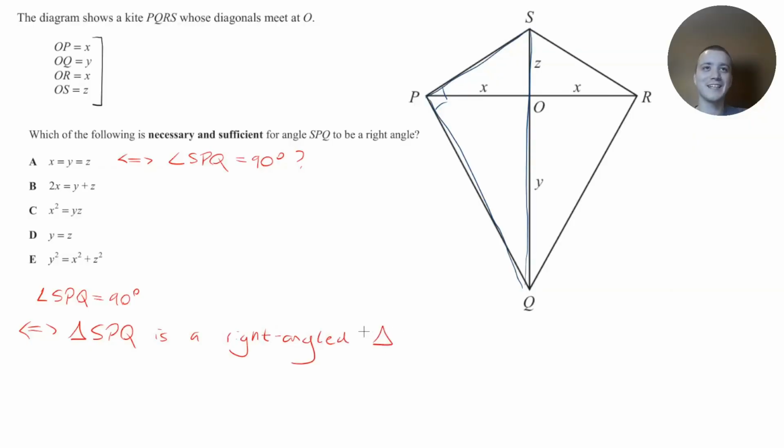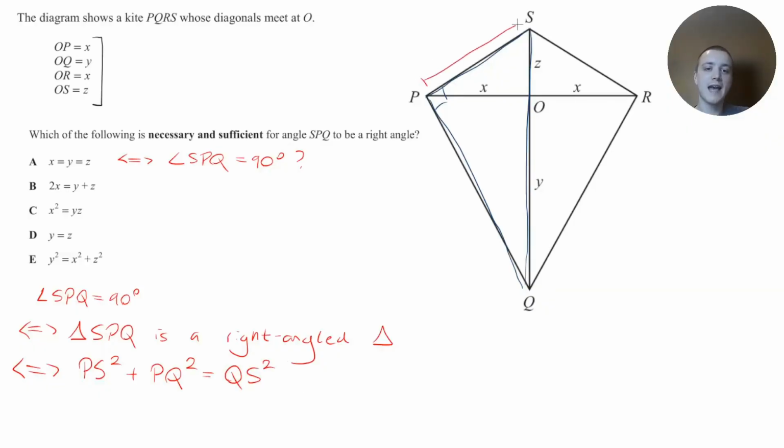Now, a triangle is right-angled if and only if it satisfies Pythagoras' theorem. So this happens exactly when PS squared plus PQ squared is equal to QS squared. This is promising because we can find these lengths in terms of x and z.